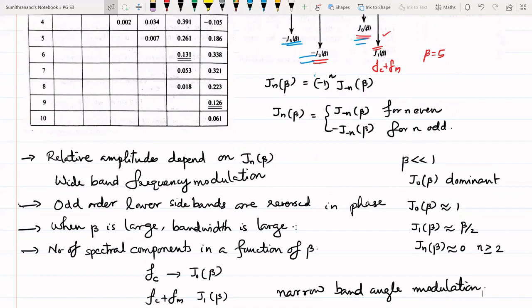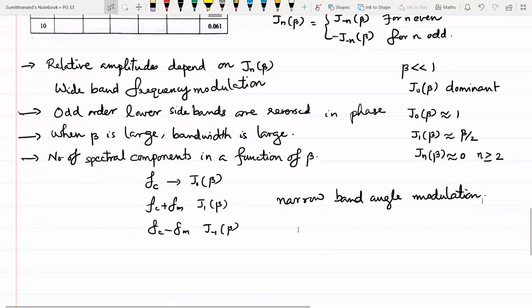Normally we get a wideband frequency modulation spectrum if the value of beta is large, and the bandwidth will also be large. The odd order lower sidebands are reversed in phase. The number of spectral components depends on the value of the modulation index. If beta is very much less than 1, we get only two sidebands, upper and lower, and it is called narrowband angle modulation.